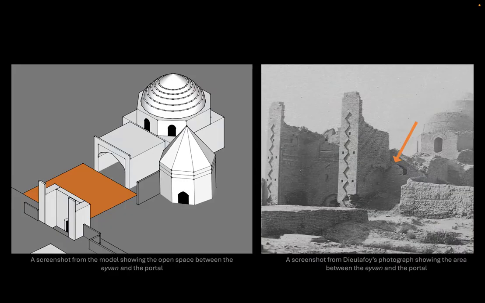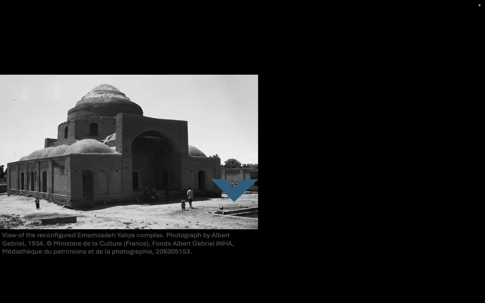Returning to Dieulafoy's photograph, we can identify a space between the opening of the eyvan and the entrance portal. This area has functioned as a courtyard connecting the portal, the tower, and the dome chamber. Additional support for this interpretation comes from the 1934 photograph, which shows a fountain in front of the tomb.